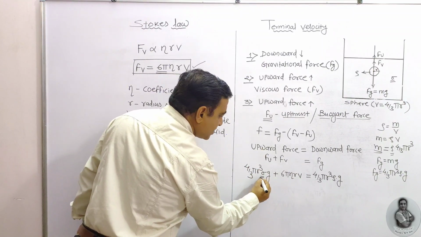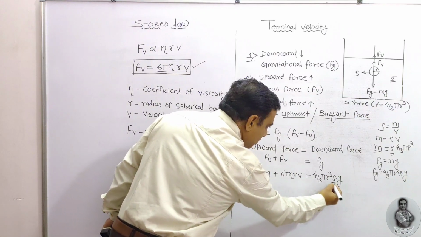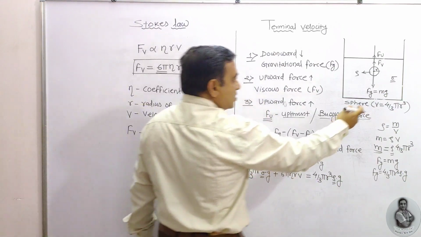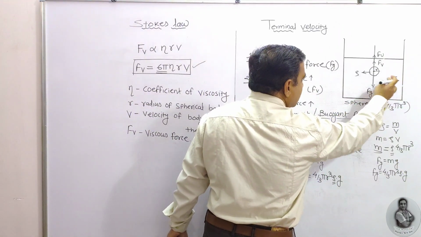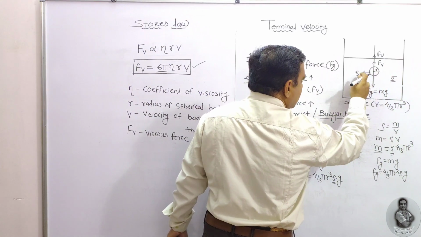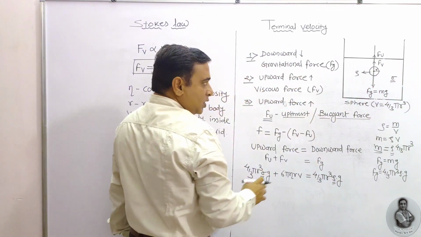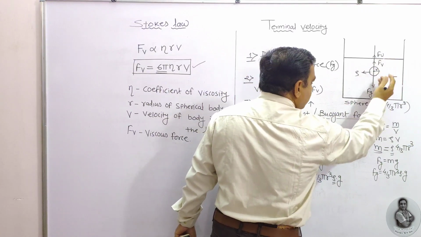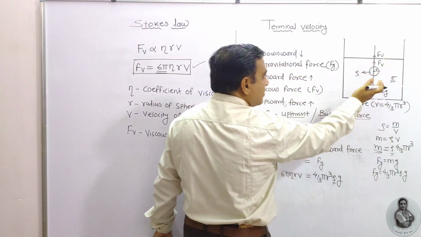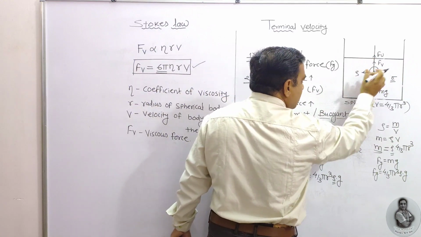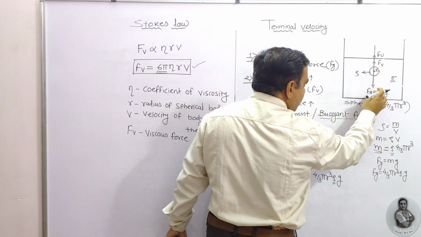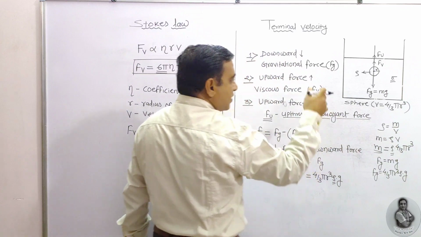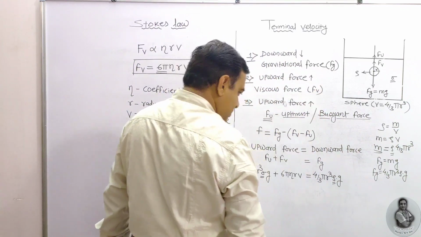The only factor which is changed is rho to sigma, because the density of the liquid is sigma and the density of the spherical body is rho. The liquid acts with a sort of upthrust or buoyant force in the upward direction on the spherical body, and the spherical body acts in the downward direction with its weight, that is gravitational force.